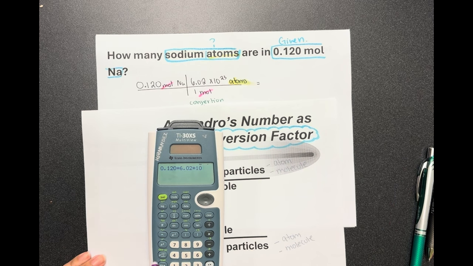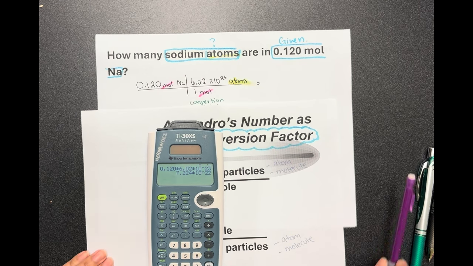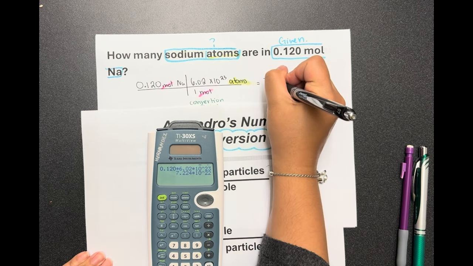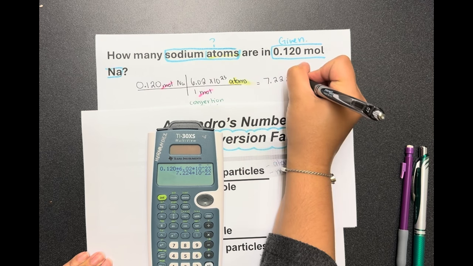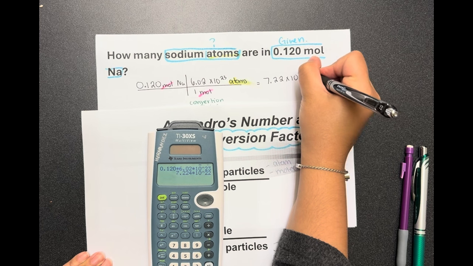For my calculator, I'm going to use this up top hat, or this little arrow, to do the exponent. 23. I'm going to press enter. And my calculator gives me my answer as scientific notation. That's what I'm going to write. 7.22 times 10 to the 23.